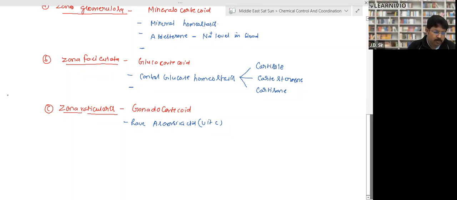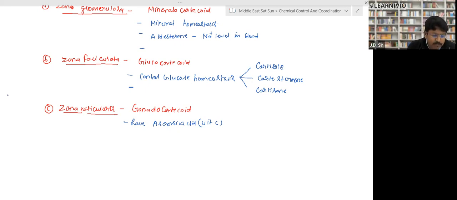Next one, it also increases the glucose level in blood.